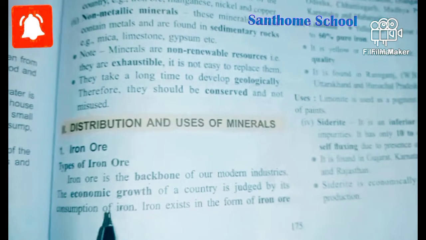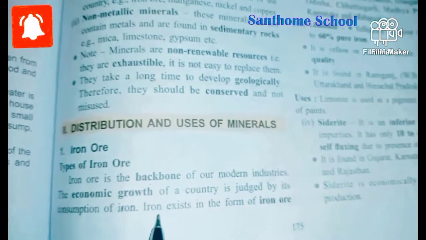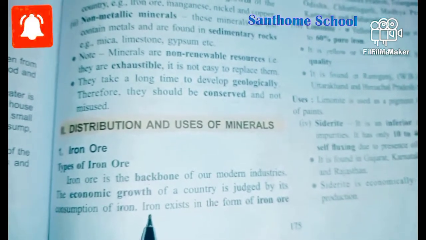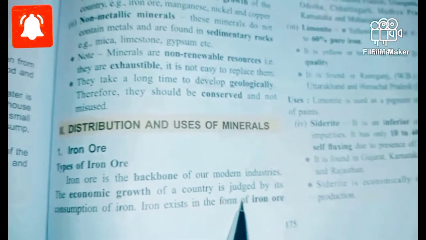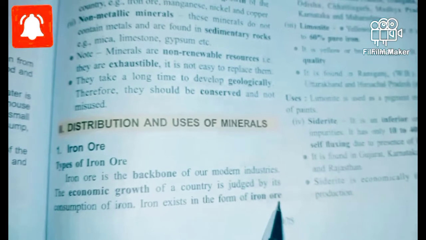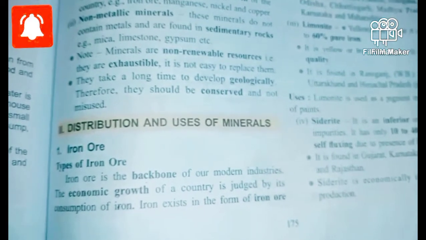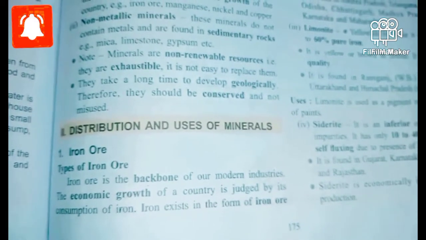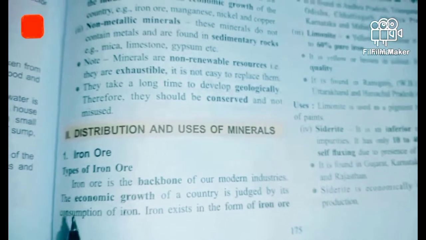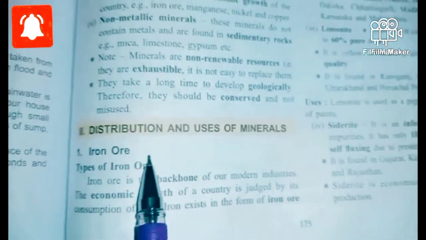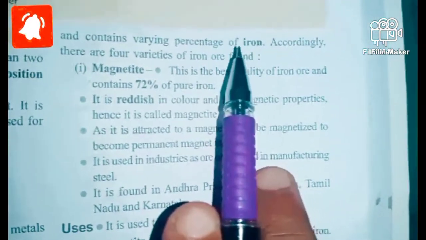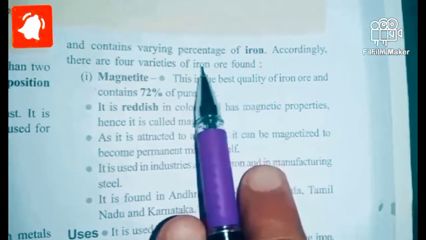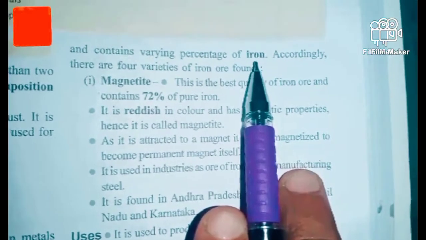Now when we talk about iron ore, actually this iron, which is mainly the backbone of the industries or the country, is in the form of iron ore, means it is in the form of powder, and the iron content in every part of the iron ore is not the same.